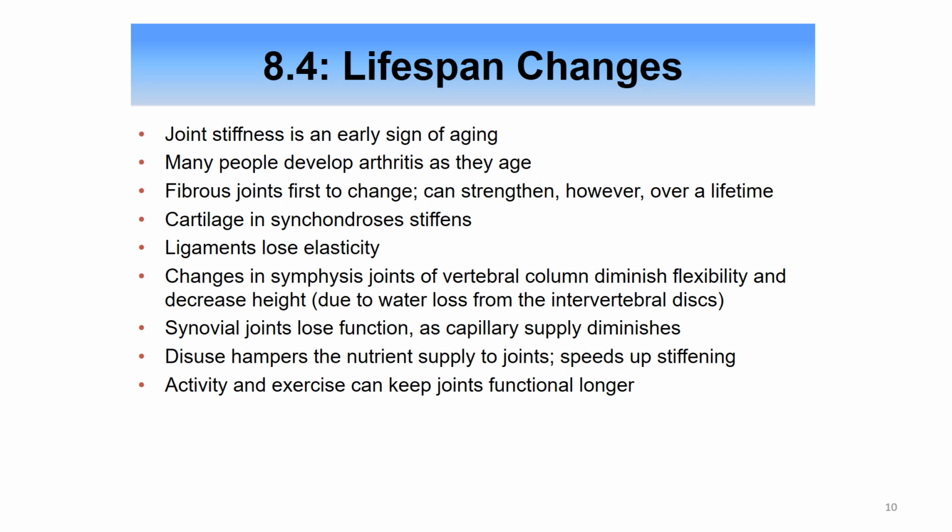We see changes in the symphysis joints, in the vertebral column, and so the cartilage here starts to degrade. Synovial joints lose their function. Disuse of the joints leads to lower nutrient supply. So it is actually very important to keep exercising, to keep our joints limber. Then activity and exercise, as I said, can keep the joints functional longer.